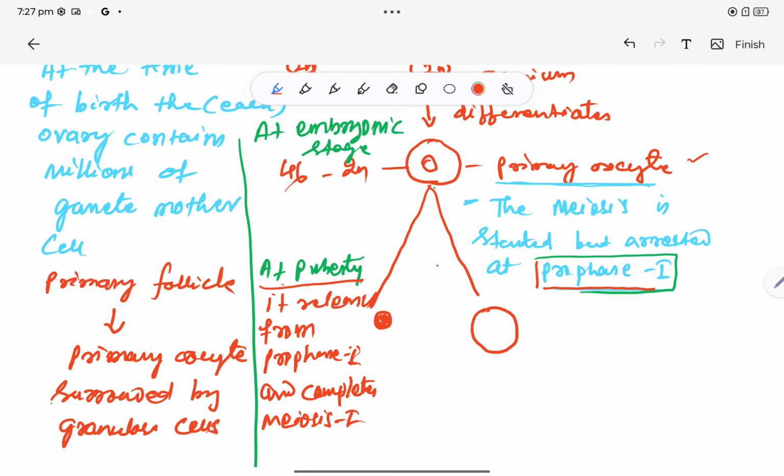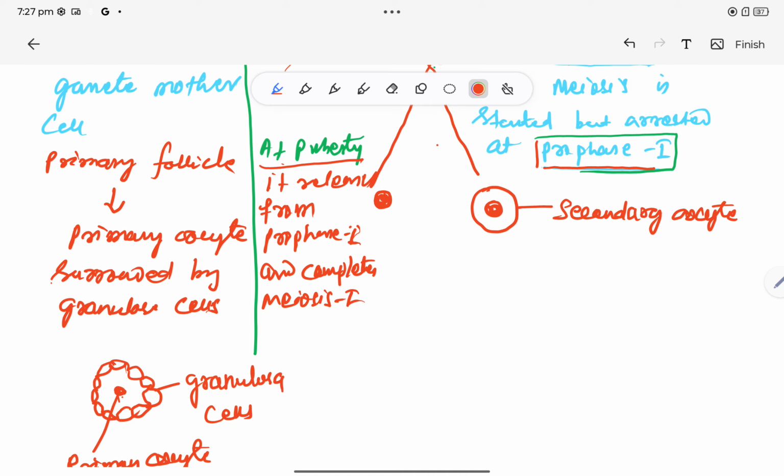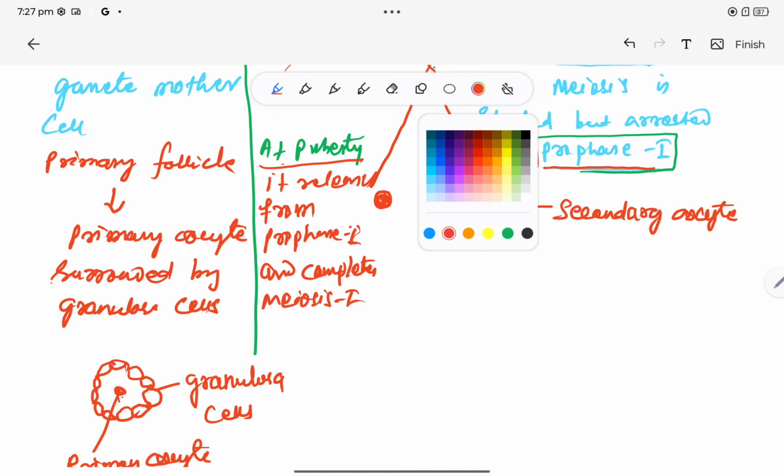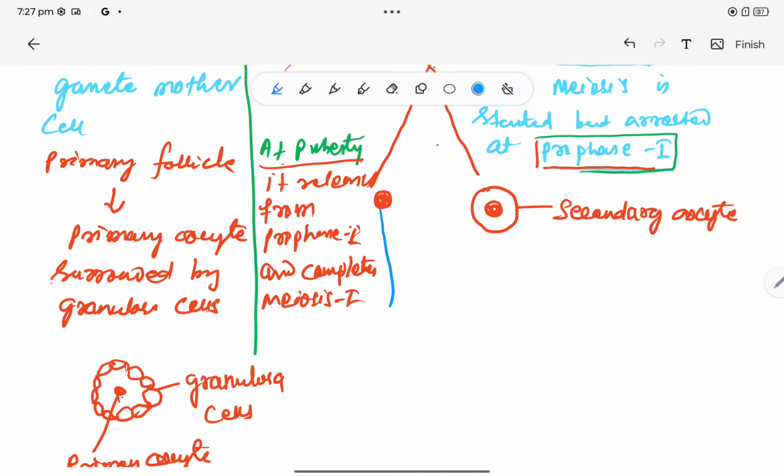Okay, so this bigger cell is known as the secondary oocyte. And this small cell is called the first polar body.